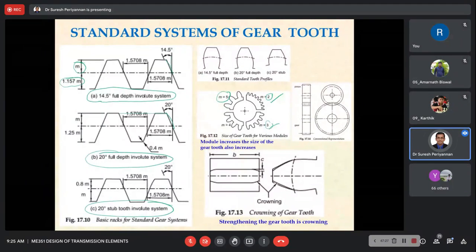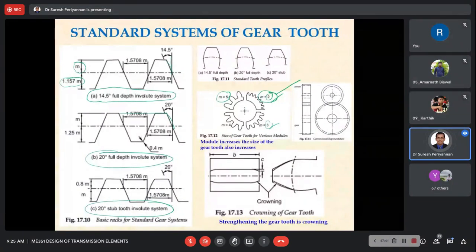But decreasing the pressure angle requires more number of teeth, and during that time the module is less. Increasing the pressure angle improves the strength, but the contact duration between the mating gears is going to be less. During that time the module should be high. That's what I would like to tell you here.